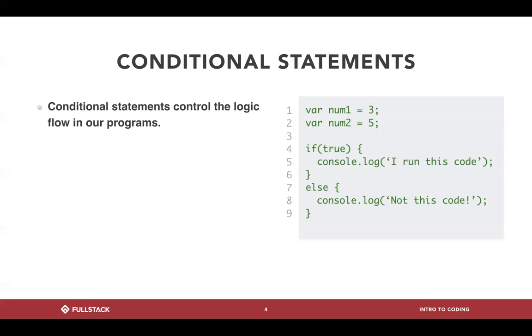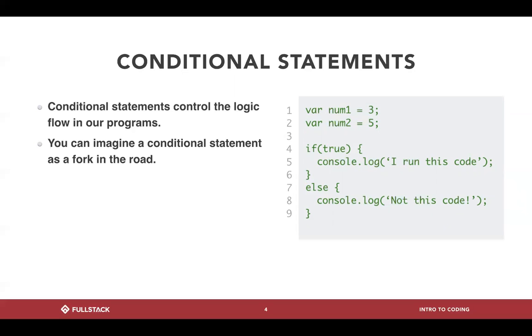You can start to put pathways, or sort of forks in the road, in what your program is going to do based on conditions, based on the state of your program, the state of variables, or whatever else. So conditional statements allow us to control this flow in our programs. And like I said, you can imagine a conditional statement as a fork in the road. You can either go this way or you can go the other way.